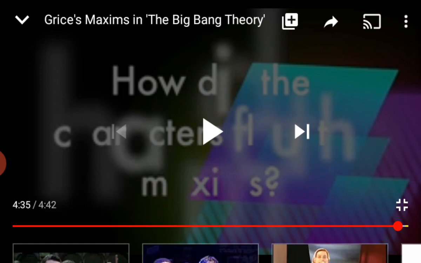Of course, there is obscurity of expression because they are trying to address the topic into a sexual sense. So probably that's what we call also obscurity of expression.